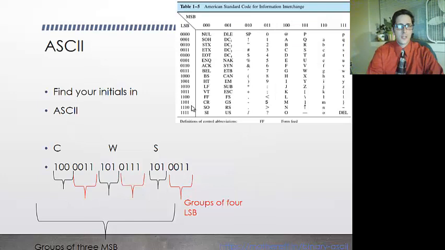Okay, so really I'm going to write out my initials using ASCII. So what we have here is C, which we talked about before, which if we look again is 1100 and then 001. 1100 001, and that's the letter C. W, if we look at W, it's right here.